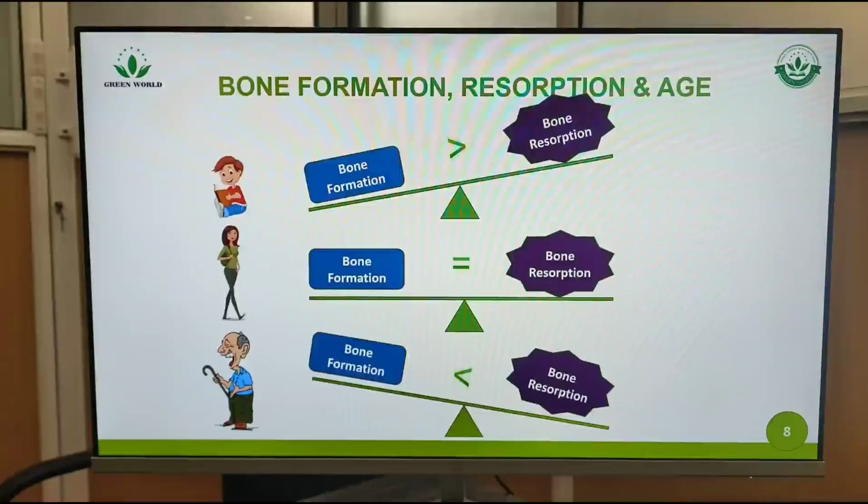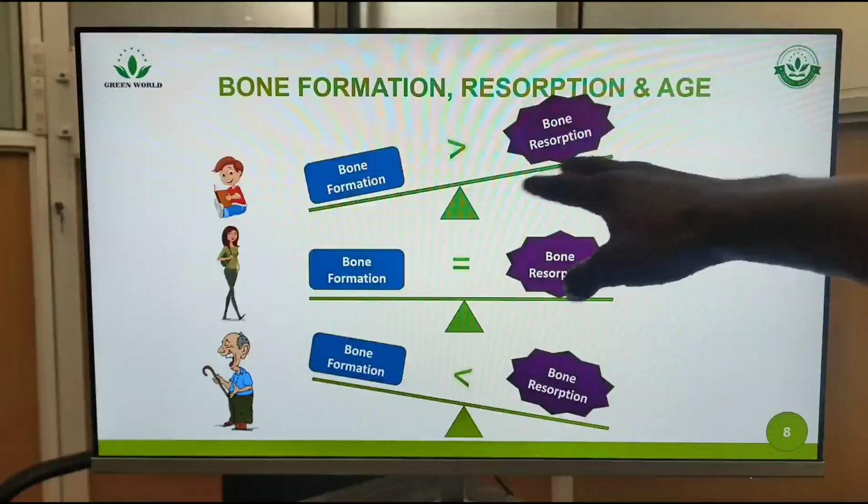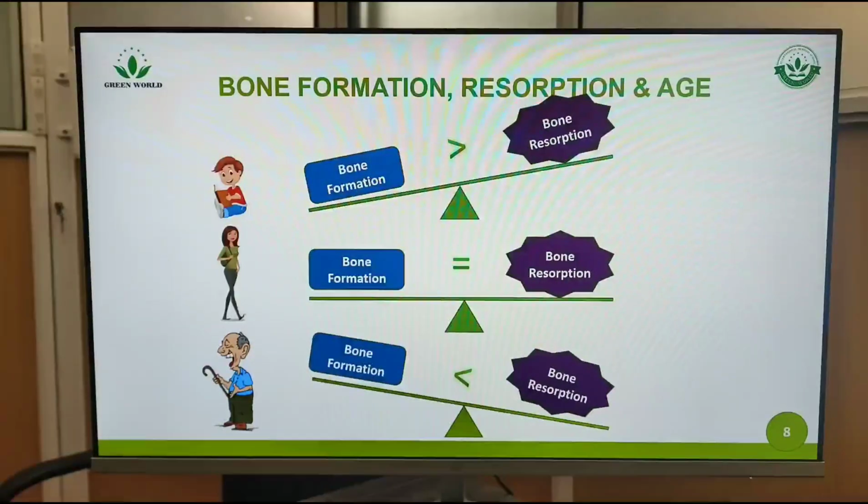A baby is small, and a fully grown teen is as tall as an adult. This tells us that when we are young, the builders of the bone must be more than the demolishers; bone formation must be greater than bone resorption. That is another point that you have to know.